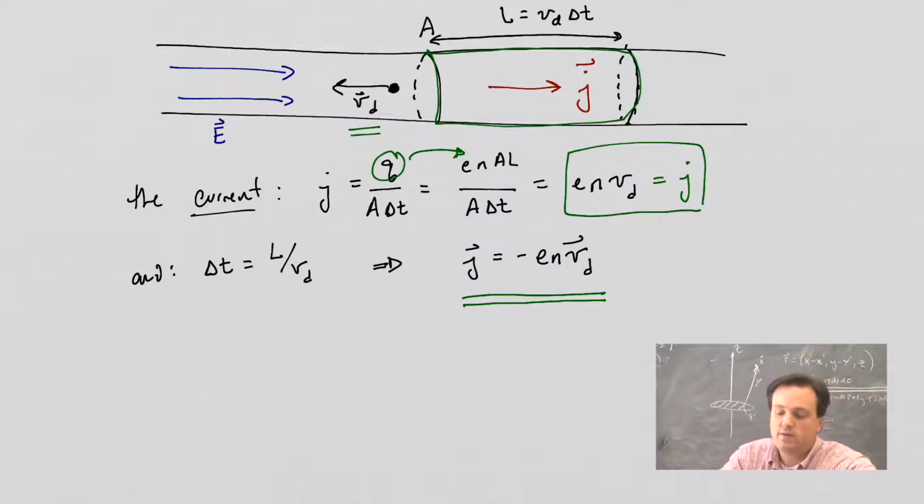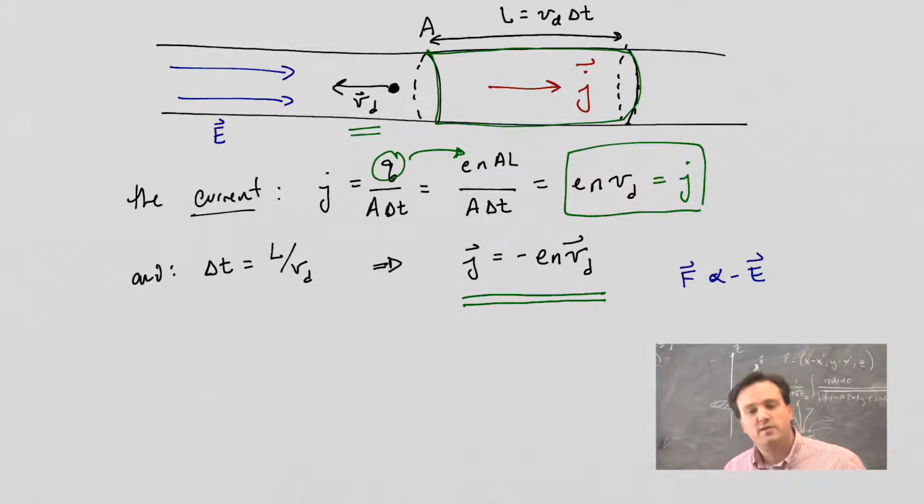And now you say to yourself, well, this is interesting. I see that my current is oppositely directed to the drift velocity, and you start to think, oh, maybe this comes from the fact that the force on my charges is also oppositely directed to the electric field, right? This is true because I have negatively charged objects, and therefore they're being pushed in the opposite direction.